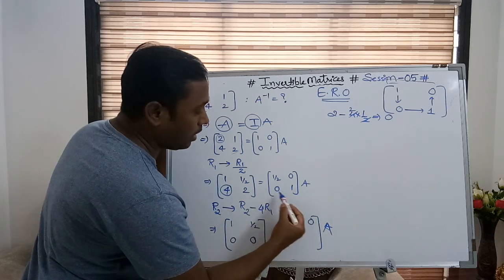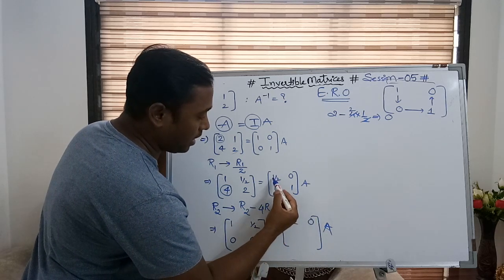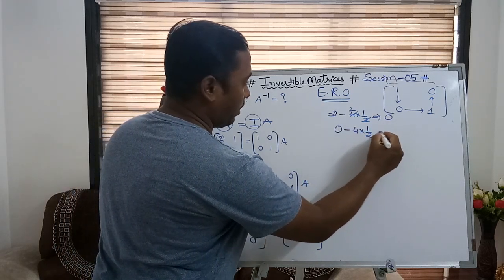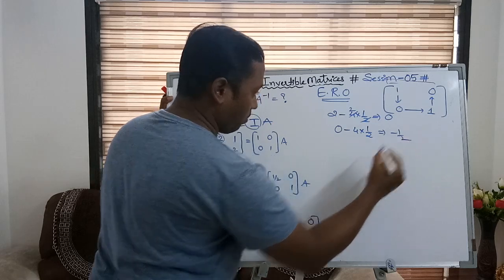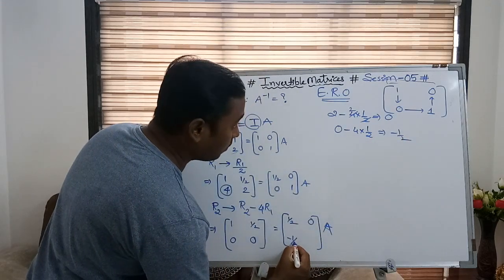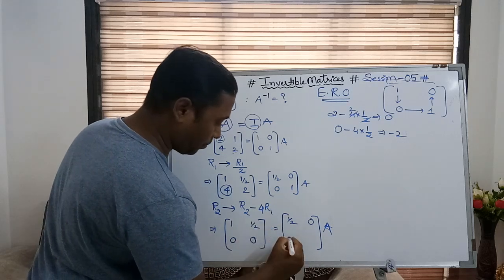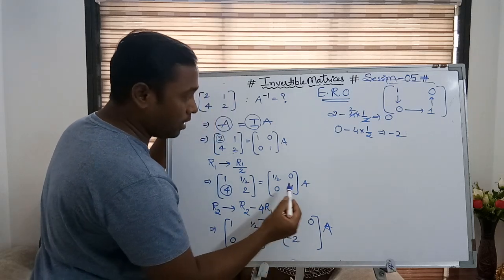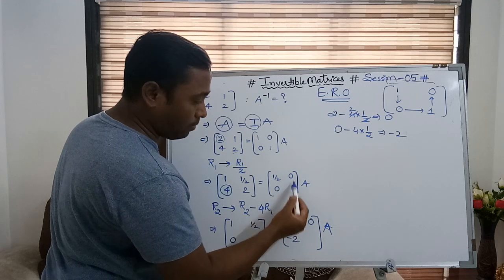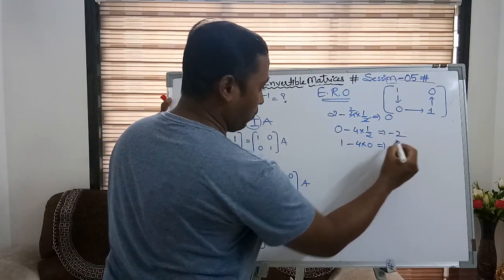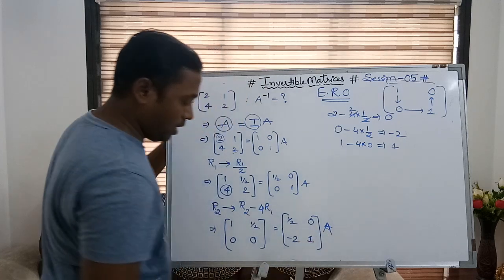It will apply to the entire row. So 0 minus 4 times 1 by 2. What will you get here? Minus 1 by 2. Sorry, minus 2. And then here 1 minus 4 times 0. It's 1 only.